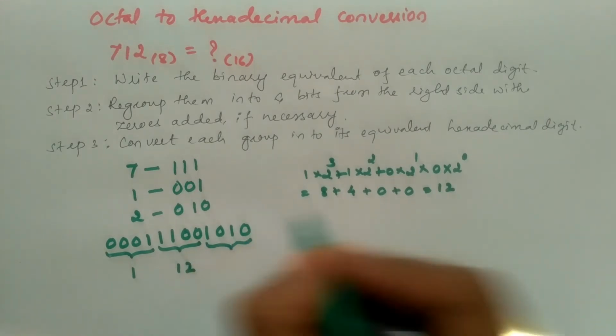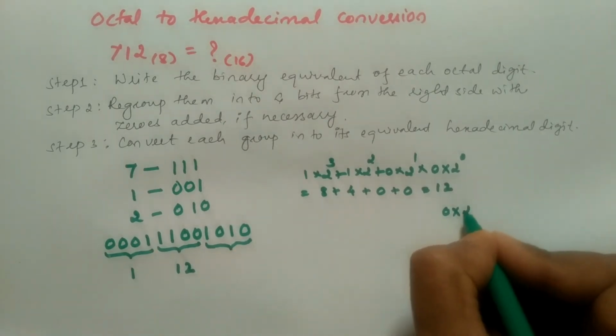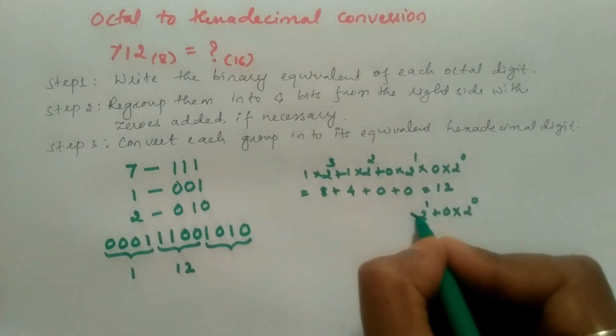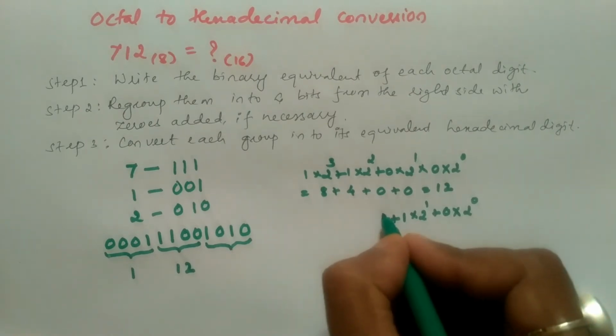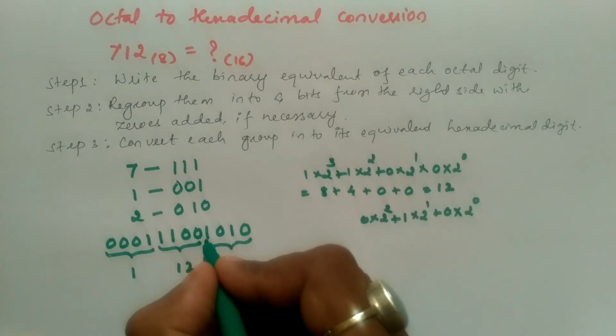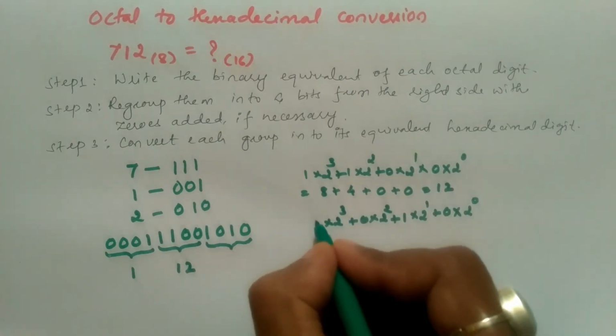Similarly 1010: the positional weight of this bit 0 is 2 to the power 0, plus 1 with positional weight 2 to the power 1 into 1, plus 2 to the power 2 into the next 0, and here we have one more bit 1 whose positional weight is 2 to the power 3 into 1.